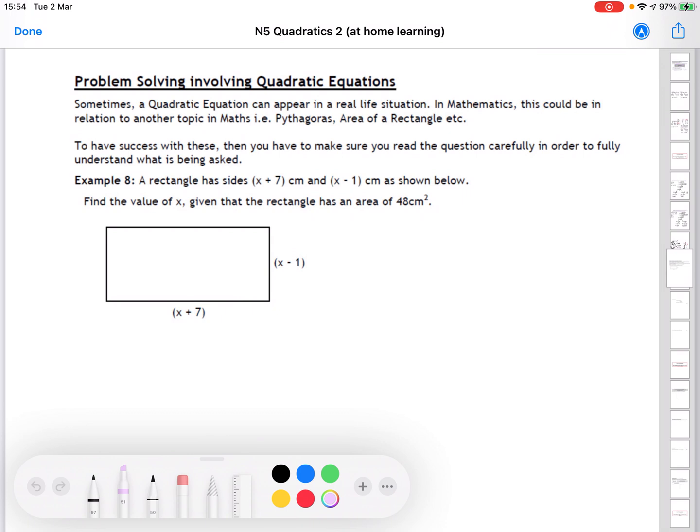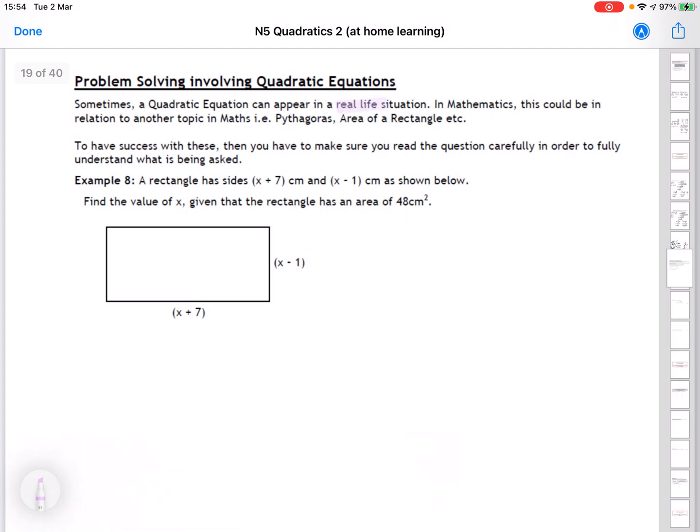So today what we're going to be doing is looking at applying what we have already been learning to some problem solving style questions. These types of questions are often posed in a sort of real life situation, but it also could be related to another topic in maths. So it could be something involving Pythagoras, could be area, various other things.